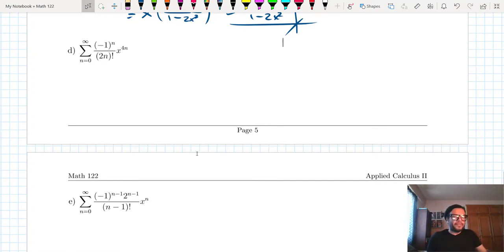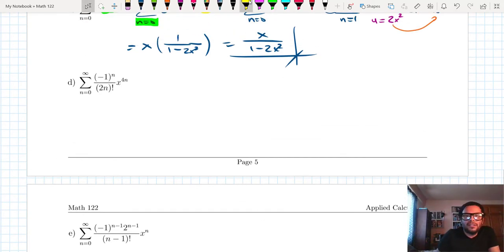All right, so letter D, what stands out to me is this 2n factorial, which is very characteristic of the cosine function. However, the cosine function has a 2n as a power, but here we have a 4n.